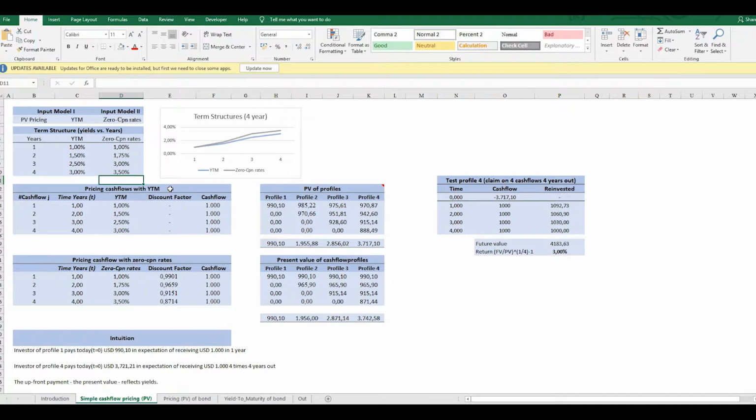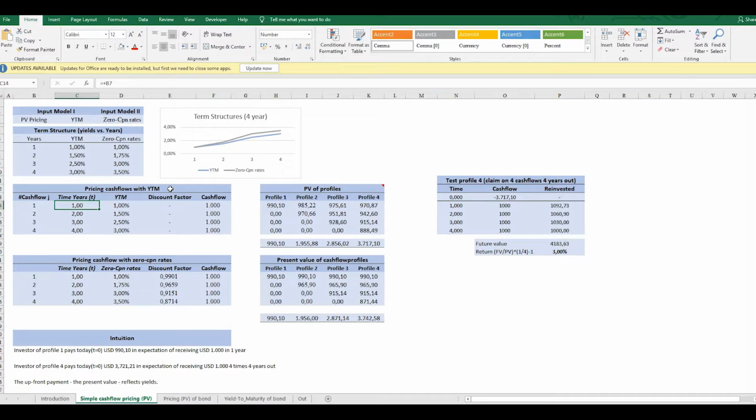So now we will look at 4 different models of pricing on each curve, and let's just start with the yield to maturity. I make a box here. I have on the left-hand side four cash flows, or at least the numerization of the cash flow.